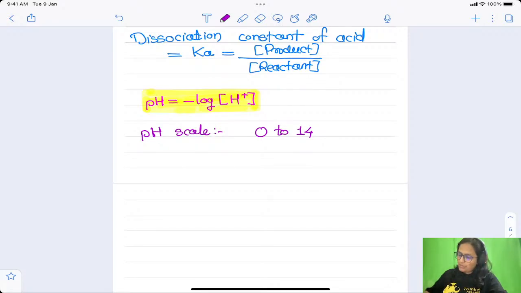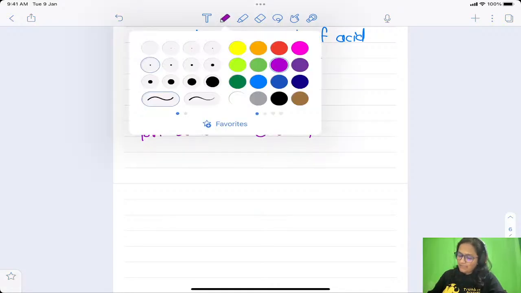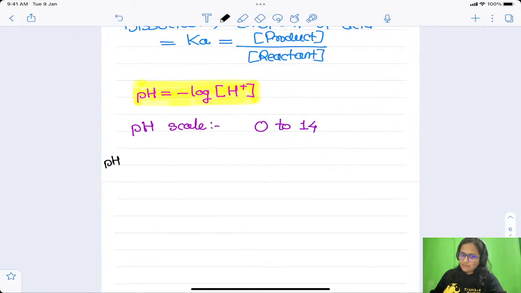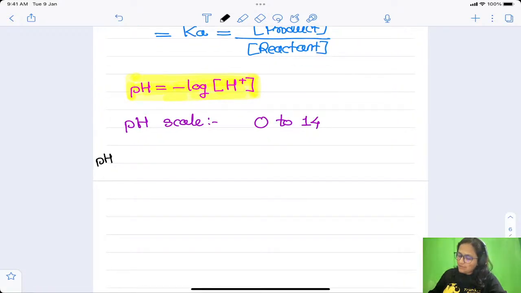Let me just show you the simple diagram for remembering pH. So this is about the pH. If it is 0, then 7, then 14.